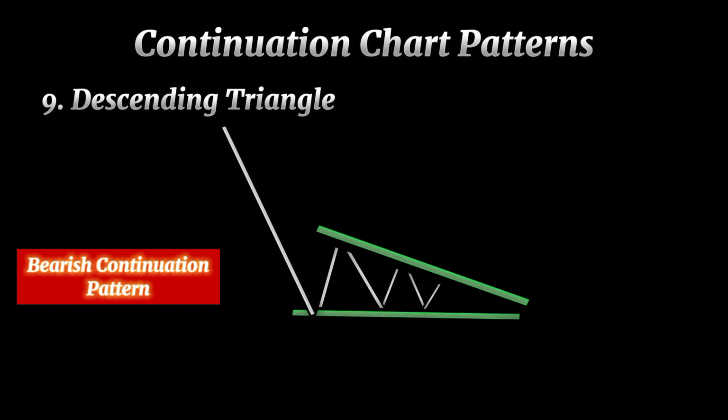That's why a descending triangle is a bearish continuation pattern. The sell signal happens when price breaks below the lower line to the downside and retraces back to it to test it as resistance. Your stop loss can be above the highest high of the triangle for the standard or above a confirmed supply zone, and the take profit target at least 3 times as big as the size of the stop loss.